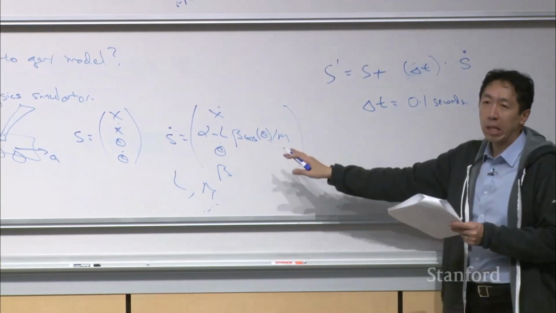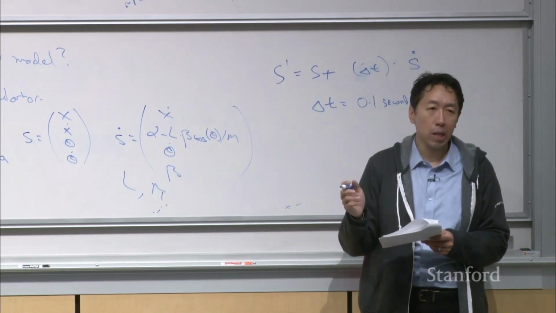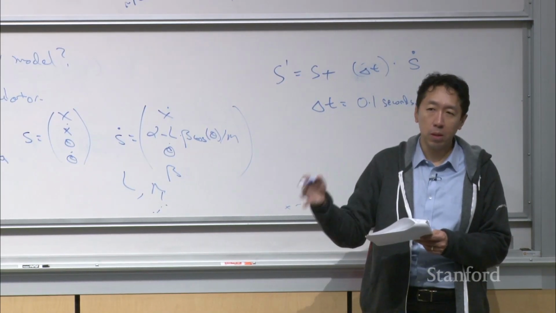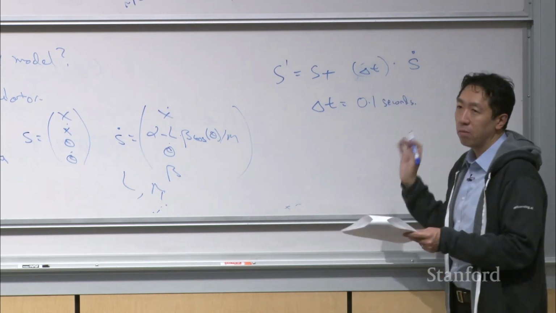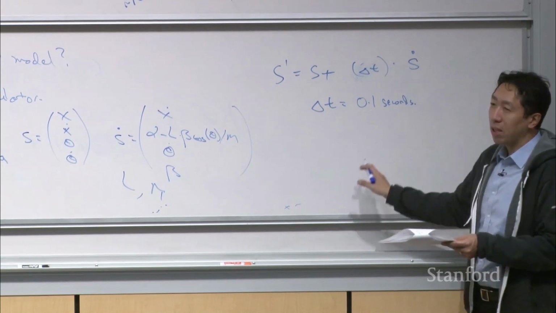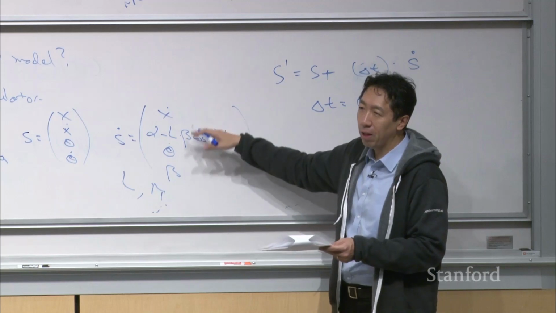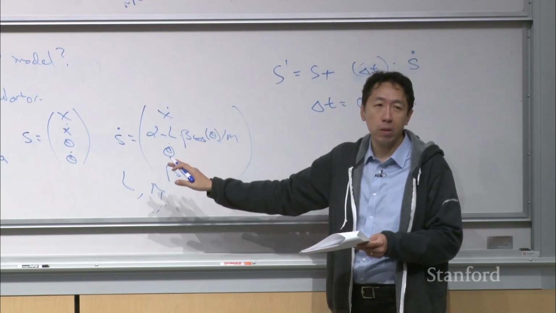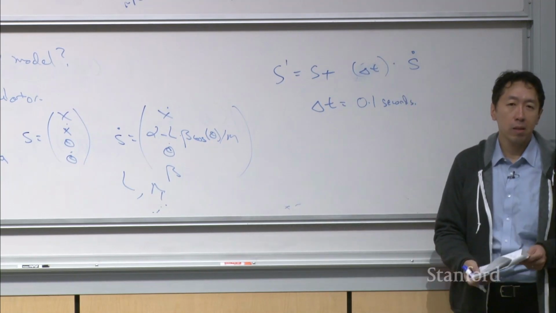So if you want to simulate this at 10 hertz, so that's 10 updates per second, so that the time difference between the current state and the next state is 1/10 of a second, then you write a simulator like this. Okay, and really, the most common way to do this is not to actually derive the physics update equations. The most common way to do this is to just download one of the open source physics engines, right?